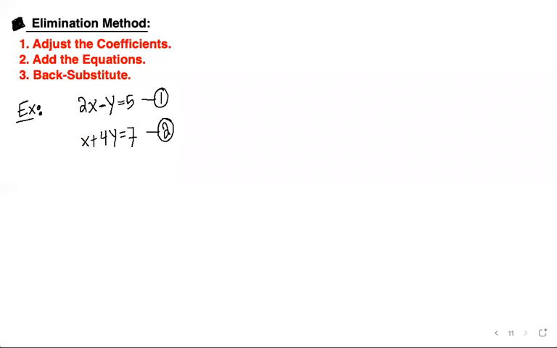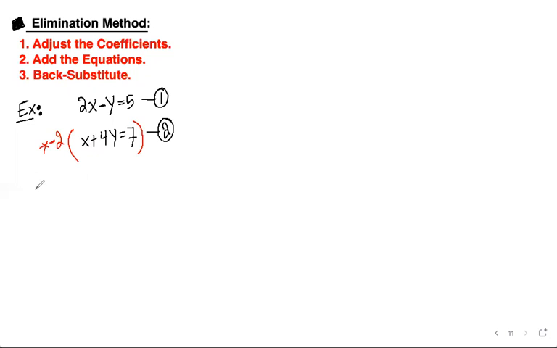To eliminate the x variable, I have here coefficient 2, so I have to make it minus 2 in the other equation. To make it minus 2, I have to multiply the whole equation by minus 2.